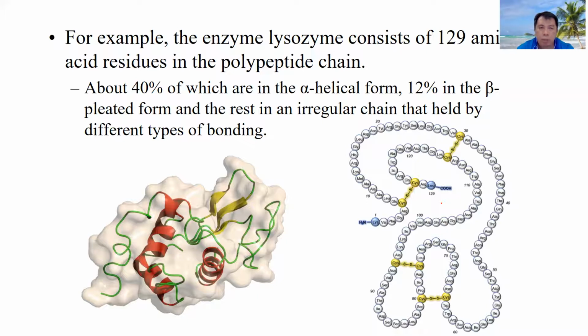About 40% of the polypeptide is in alpha helical form, and 12% is beta sheet. The others are irregular chains, the unlinked ones. And from here you can see they form disulfide bonds in the same polypeptide, between the 16 amino acids of the same polypeptide.